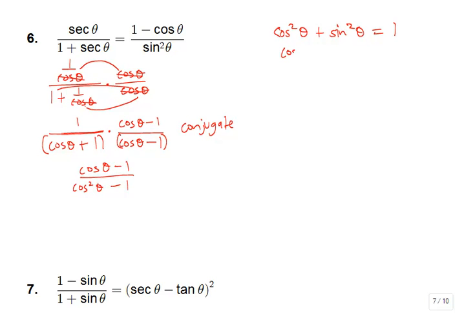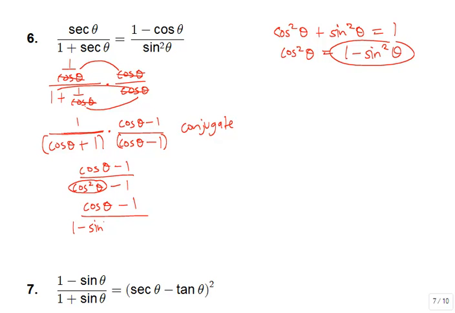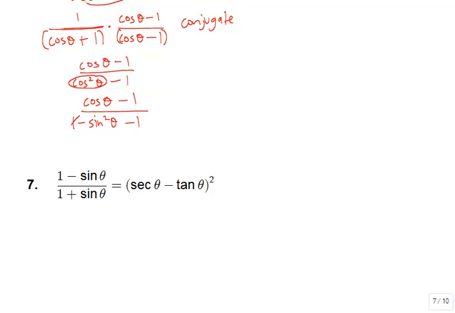So let's solve this for cosine squared by subtracting, and I'm going to substitute all of this right here. So this becomes cosine theta minus 1 over 1 minus sine squared theta minus 1. Notice the 1's cancel, and we have cosine theta minus 1 over negative sine squared theta.